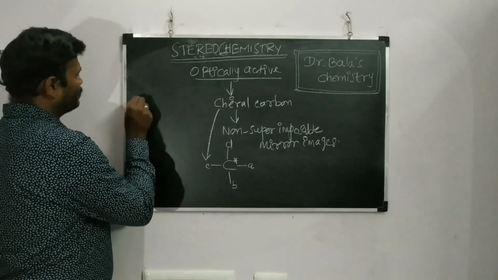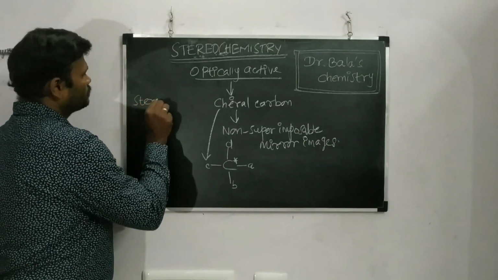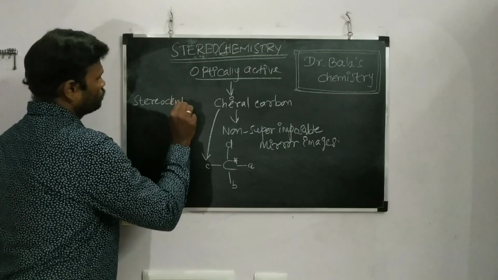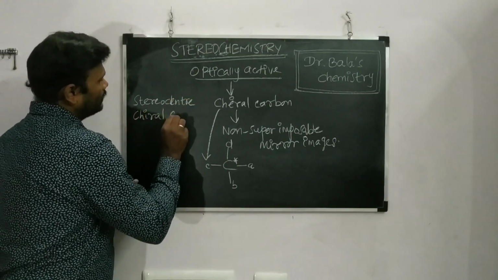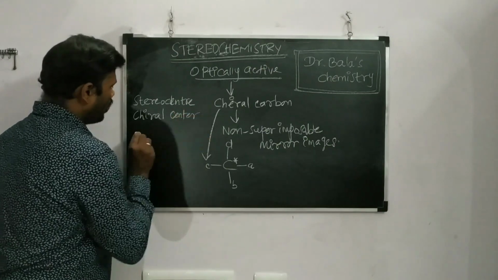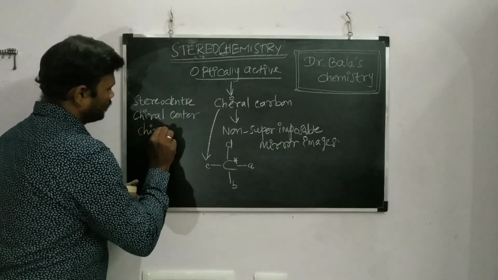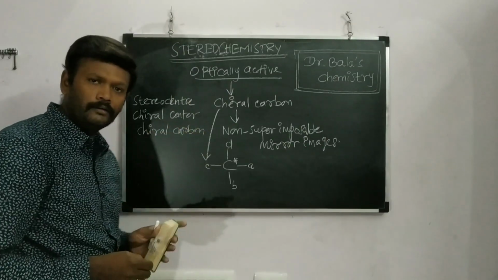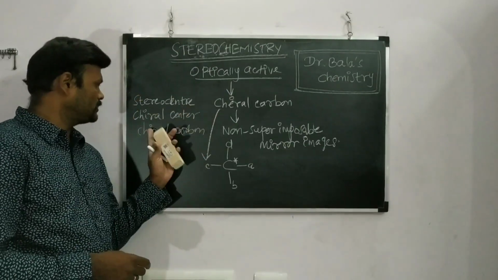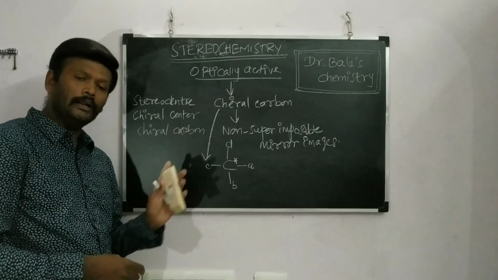It is always called a stereocenter or chiral center or chiral carbon. We can say all these ways. So maybe a stereocenter, maybe a chiral center, maybe a chiral carbon.